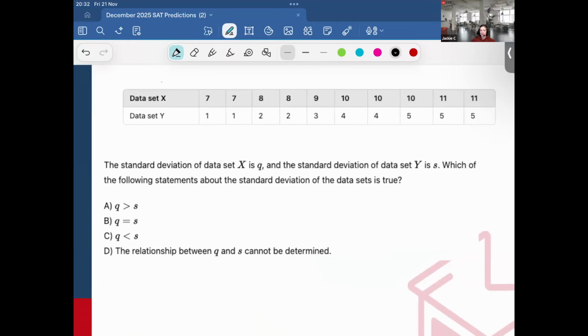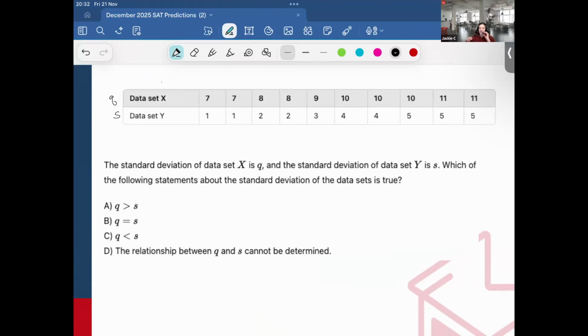And then let's talk about statistics, in particular standard deviation. Okay, so here we can see the standard deviation of set X is Q. And the standard deviation of set Y is S. Which of the following statements about the standard deviation of the data sets is true?